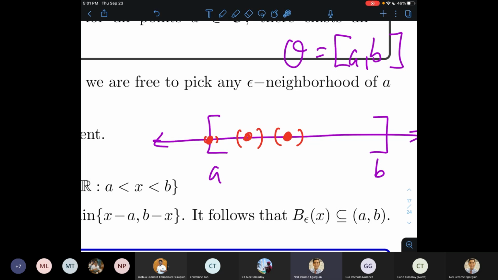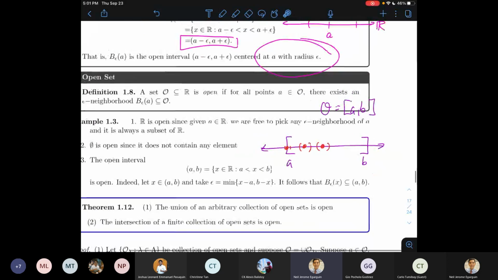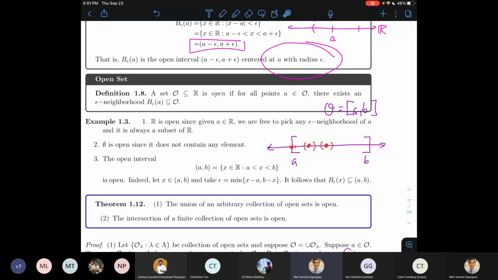So that means any epsilon neighborhood centered at the boundary A is not properly contained in the set O. Kahit gaano pa kaliit yung epsilon na piliin nyo, laging merong element sa labas ni big O. So that means this is not an open set. Okay? Now, example 1.3.3 gives us the usual examples of open sets. Number one is the set of all real numbers.